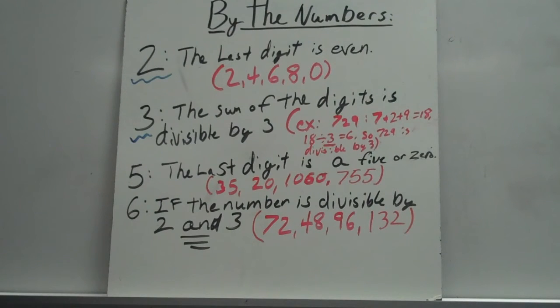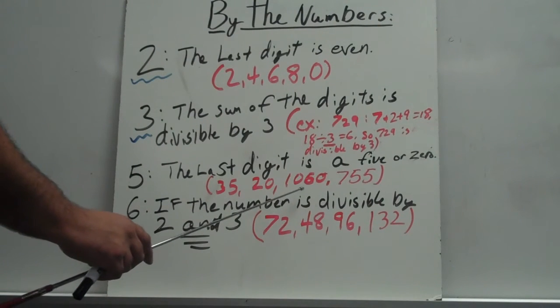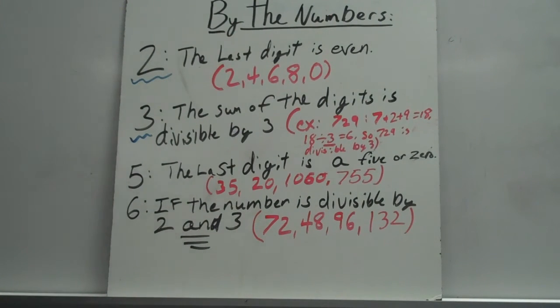For 5, we know that the last digit in the number has to be either a 5 or a 0. So I've got examples of 35 and 20 and 1060 and 755. A number is divisible by 6 if the number is divisible by both 2 and 3.